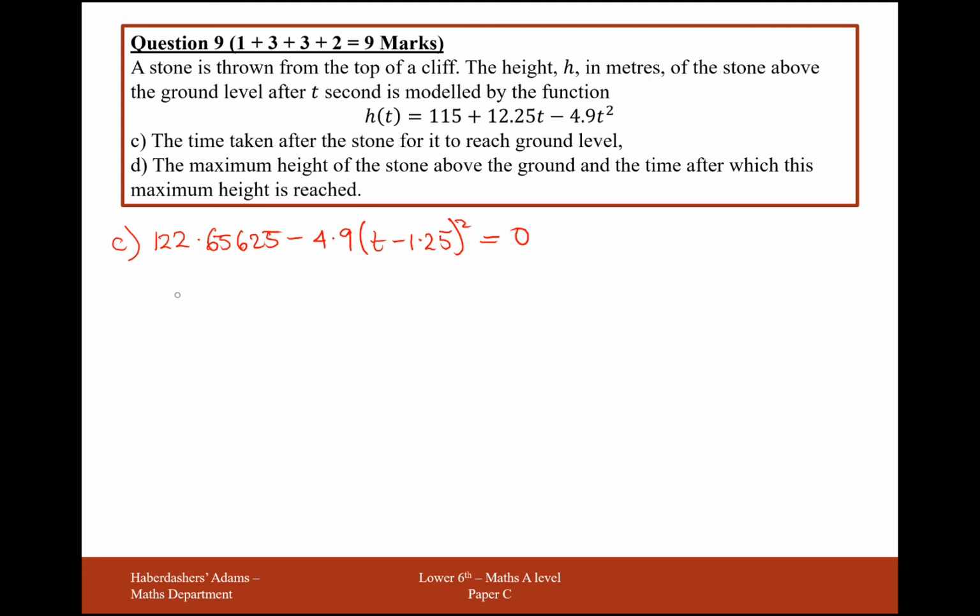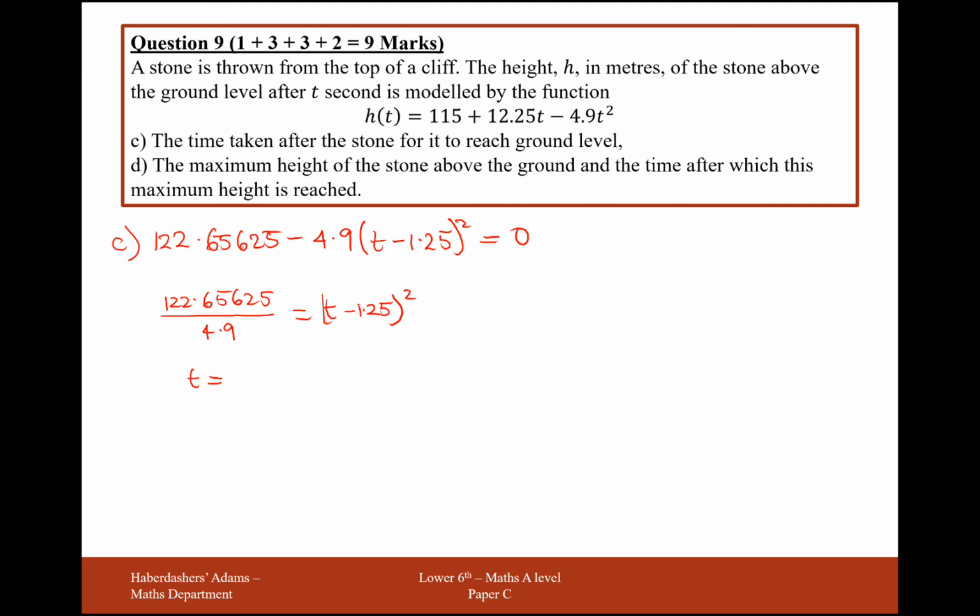Okay, so what we'll then do is add that over to the other side and divide by 4.9. So 122.65625 divided by 4.9 equals t minus 1.25 squared.